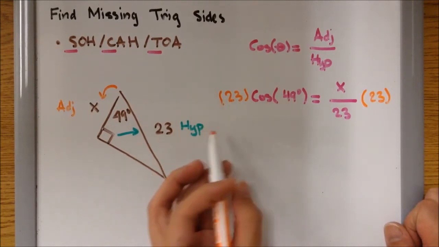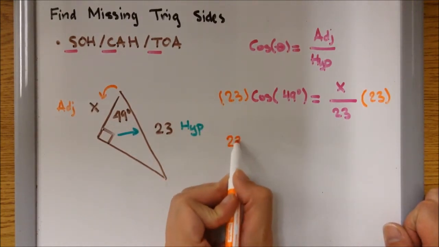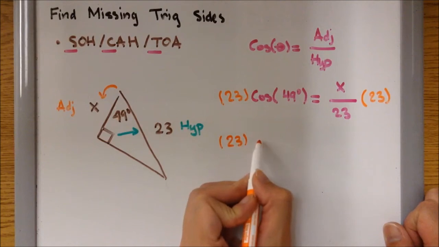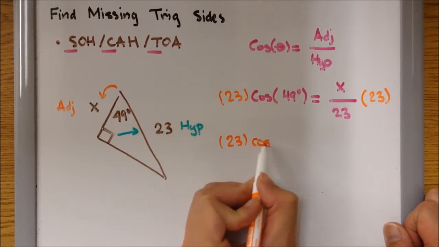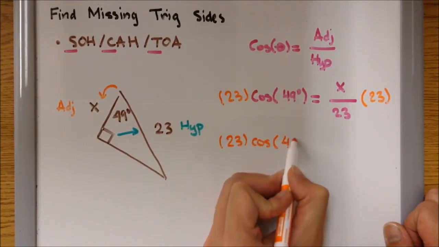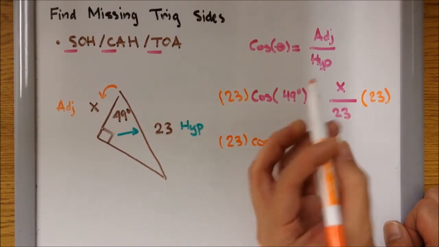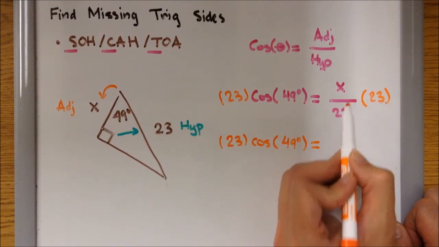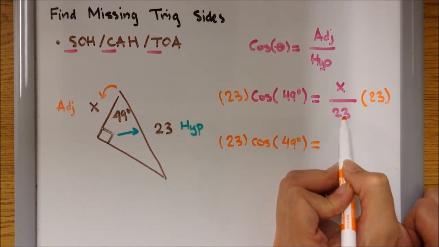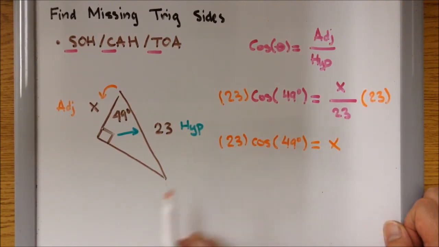So on the left side, it will be 23 times cosine of 49 degrees equals, on the right side, 23 divided by 23 will be 1. 1 times x is just x.